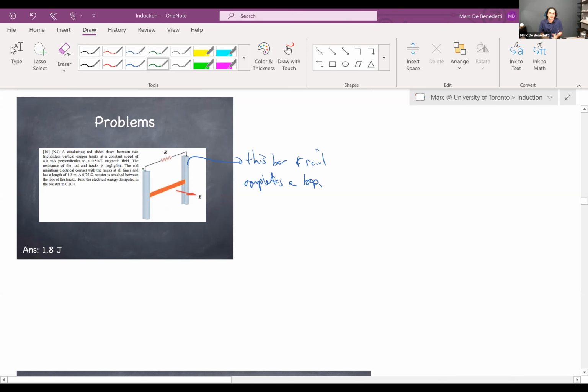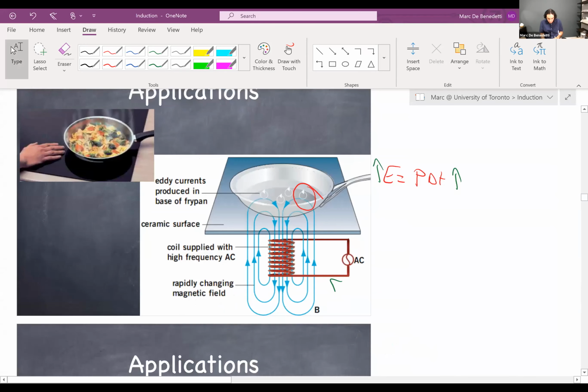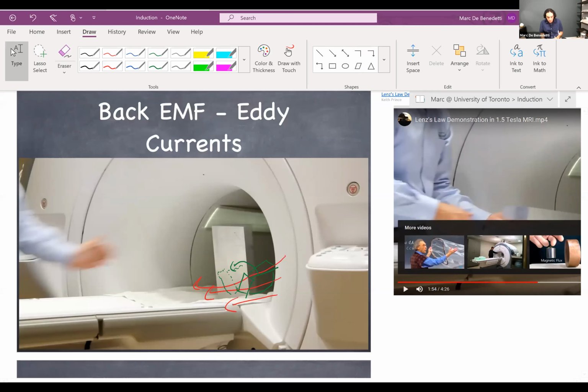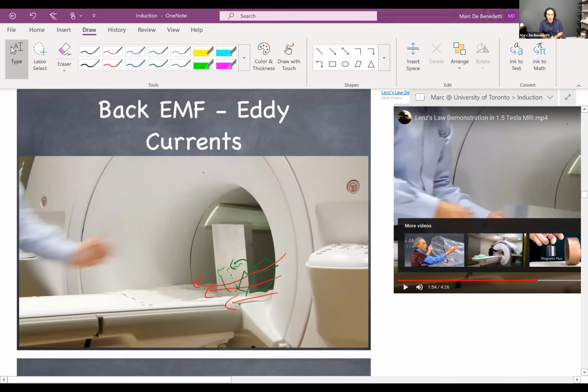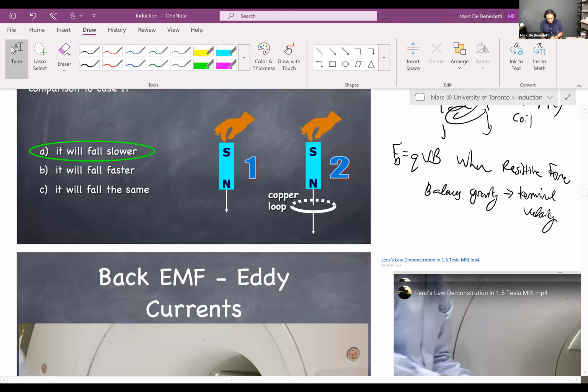the induced current is going to be an eddy current, right? It's going to resist the change and produce a back EMF, and that's going to provide an upward magnetic force on the bar. Just let me scroll up briefly to remind you what this is referring to. Remember, we watched this video yesterday with the eddy currents providing the backwards magnetic force, and it made this block of aluminum fall very slowly.